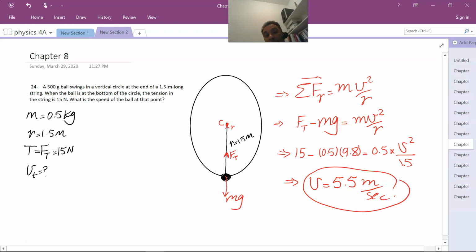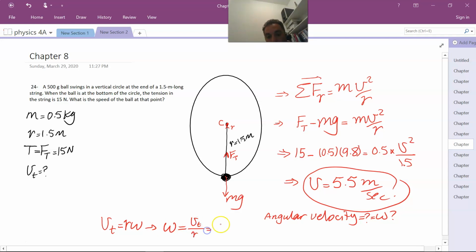If I ask you to find what is angular velocity, omega, your answer is Vt equals R omega. So omega will be Vt divided by R, 5.5 divided by 1.5.